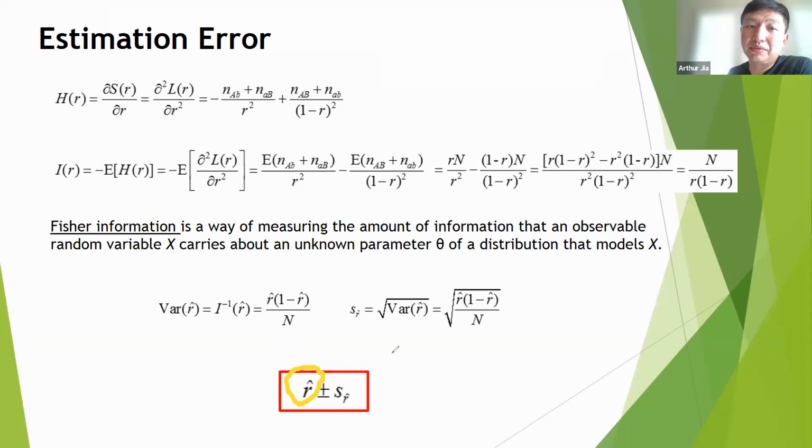So for example, here we want to estimate the unknown R, so don't forget about R. Our business is to estimate this R, and this represents what? The genetic distance between two genes.